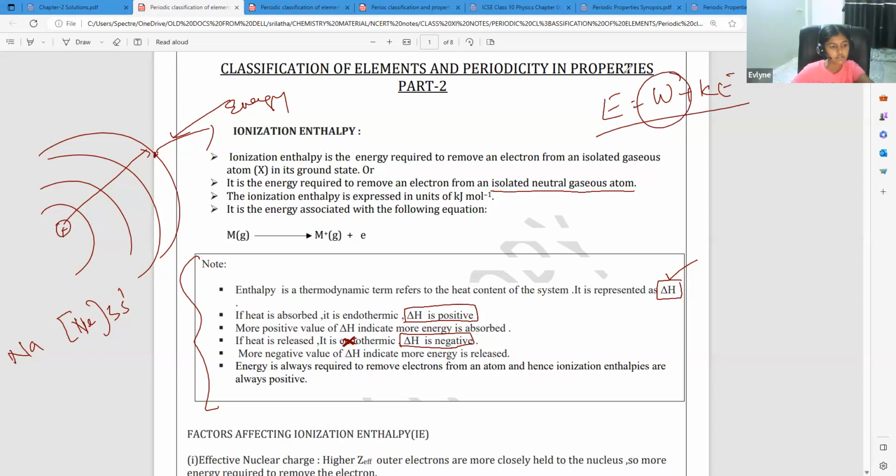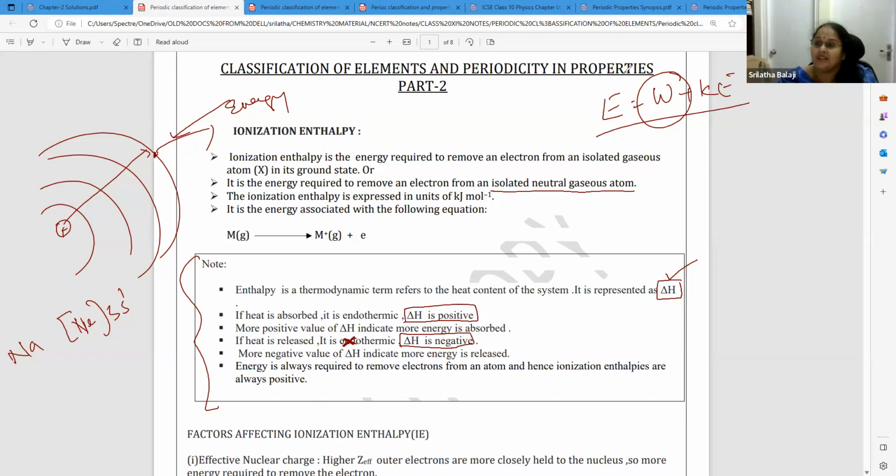Minimum energy required for the ejection of electrons. Is it the minimum energy required to remove the electron from the atom? Are you not giving energy to take that electron from the atom? So what is your work function, in other words? It is ionization enthalpy.